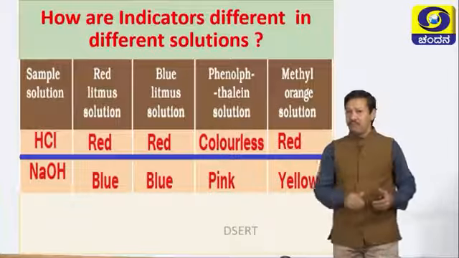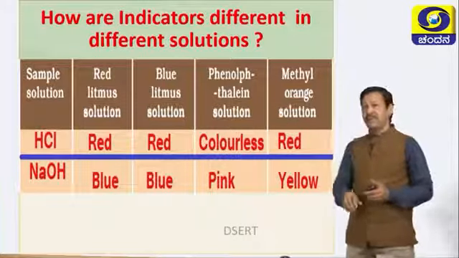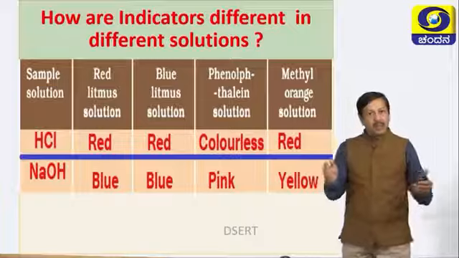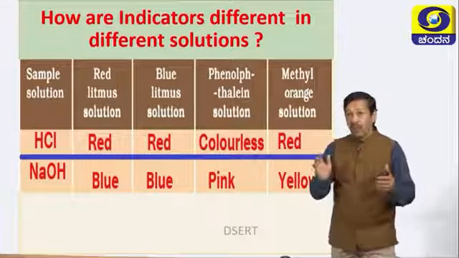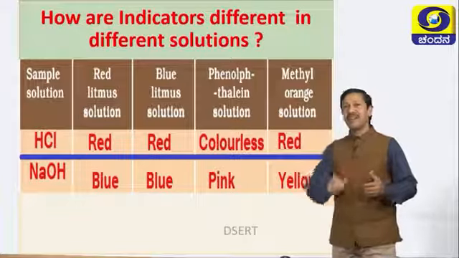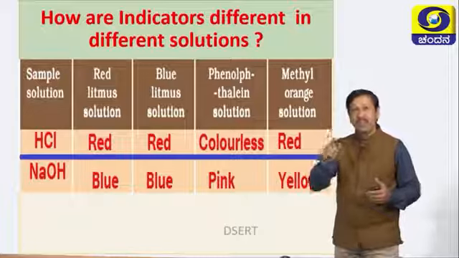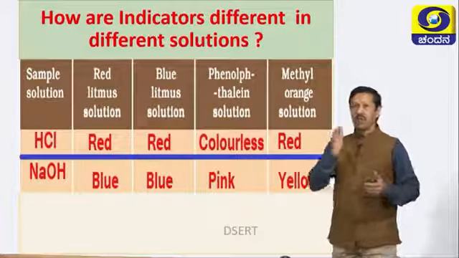Red litmus solution in acidic medium remains red, but in basic medium turns blue. Similarly, blue litmus solution in acidic medium turns red, while in basic medium it remains blue only.